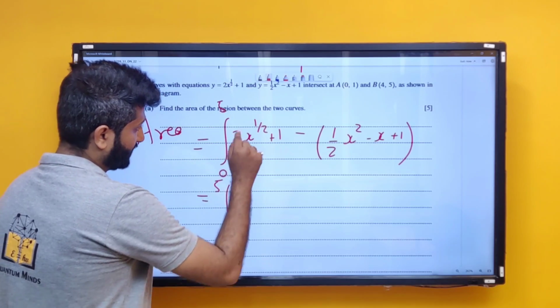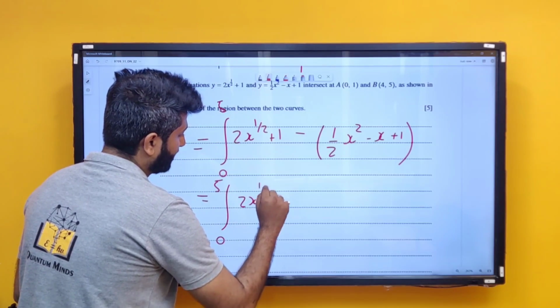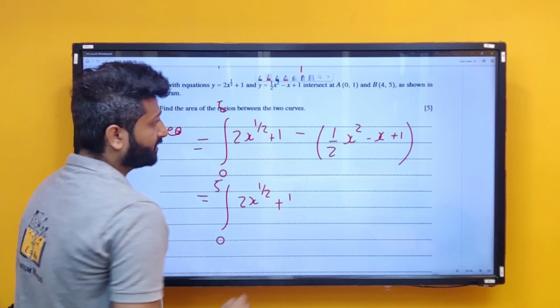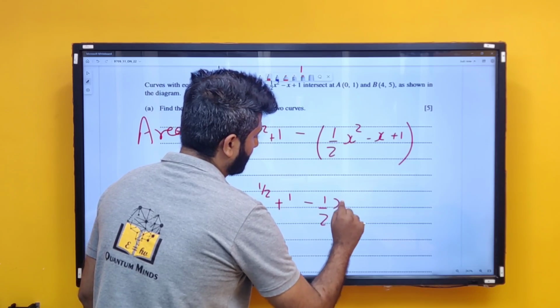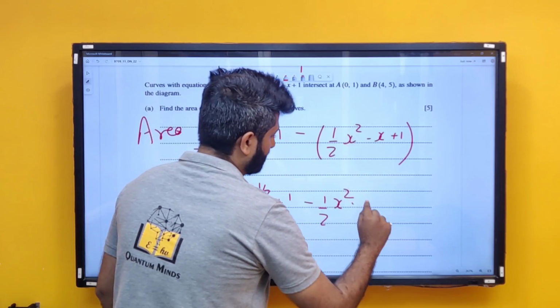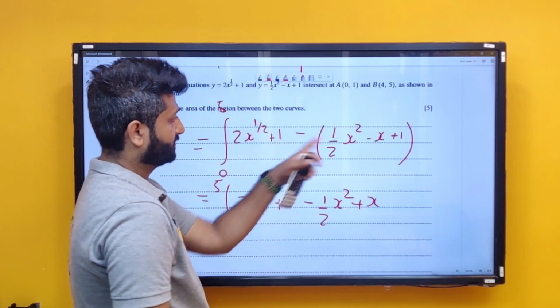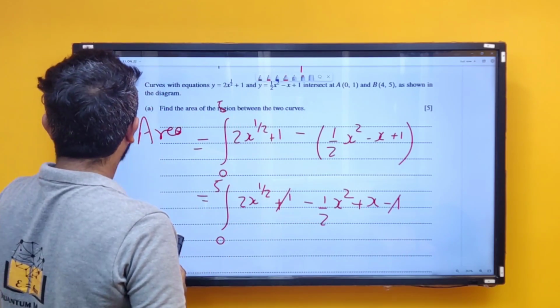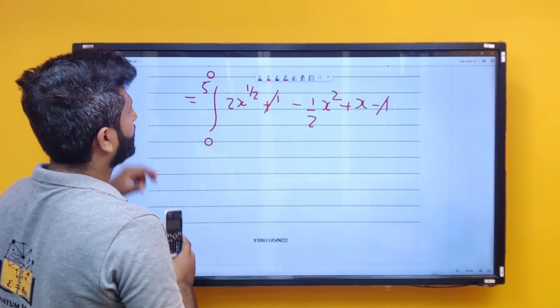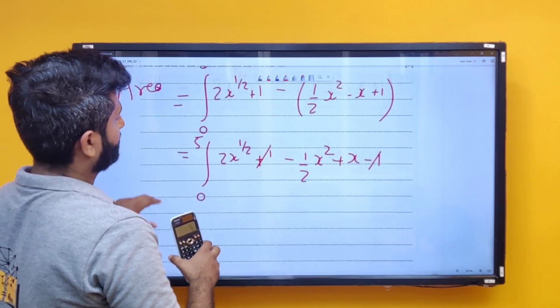So you have 2x power half plus 1 minus half x square plus x minus 1. So plus 1 minus 1 will get cancelled. So what do we have eventually is this.